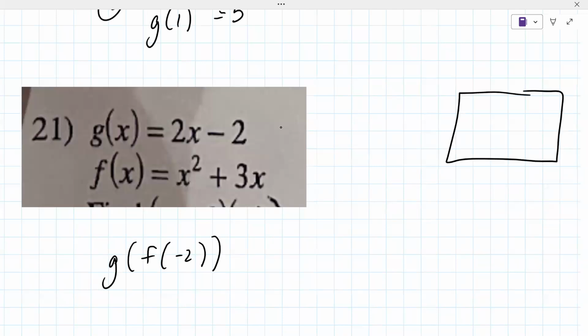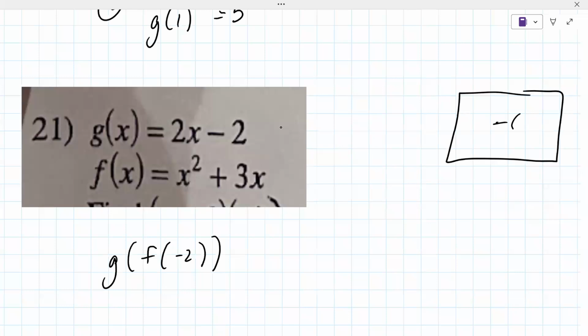Let me know what you come up with. So 4 minus 6.